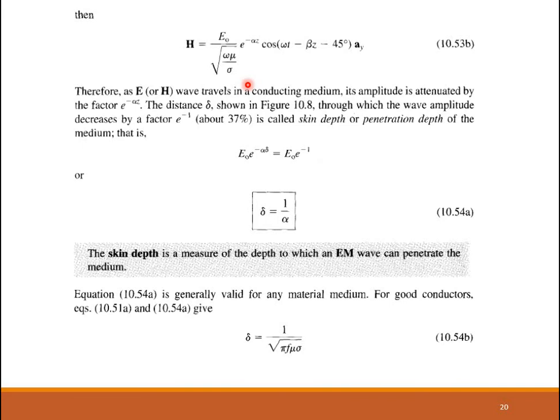So we saw that for lossy dielectric, the phase shift can be by any angle theta n. For lossless dielectric, both are in phase. For a lossless dielectric, both E and H are in time phase. For free space again, E and H are in phase.